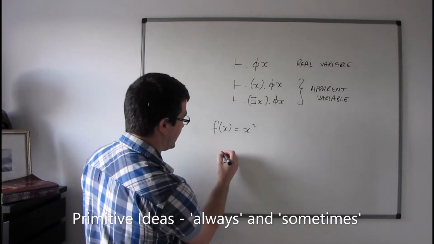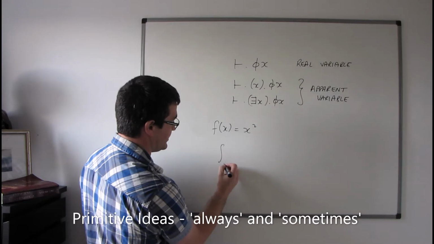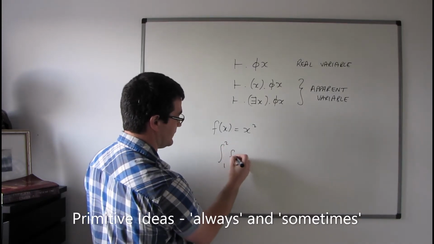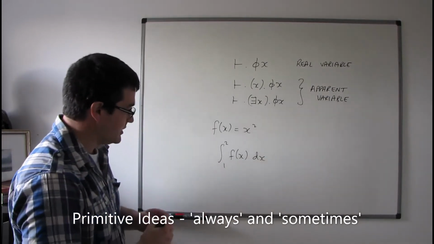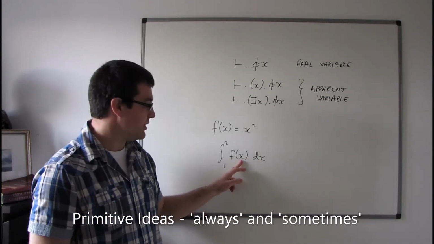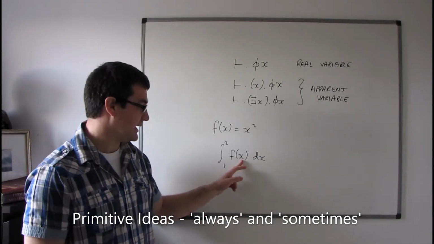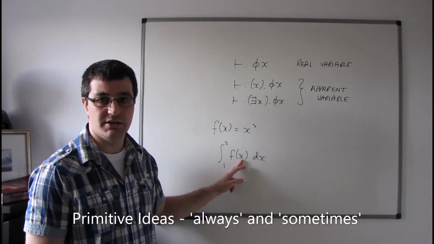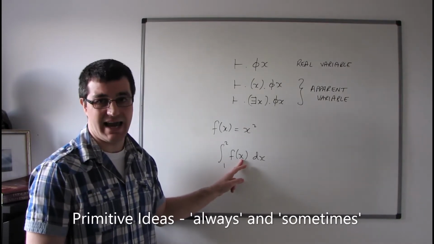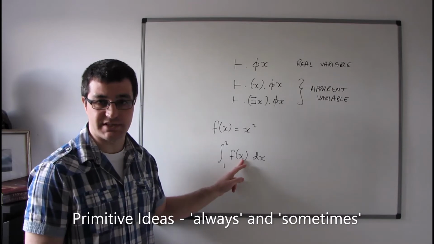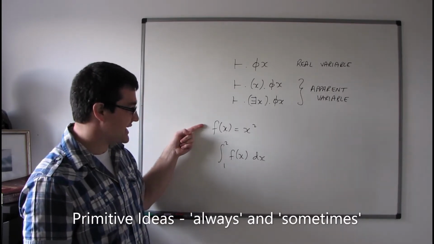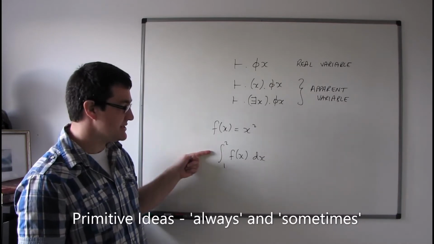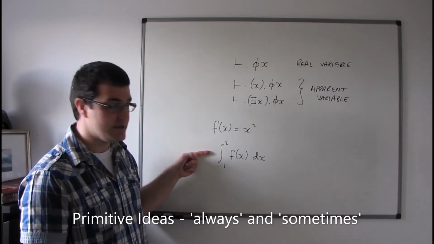Whereas if I had something like the integral between 1 and 2 of f of x dx, well, x is not a genuine variable. I can't replace the x here with 2 or 10 or any other specific number. So whereas this is a genuine function of x, this is not. This is just a number. This is just a constant.